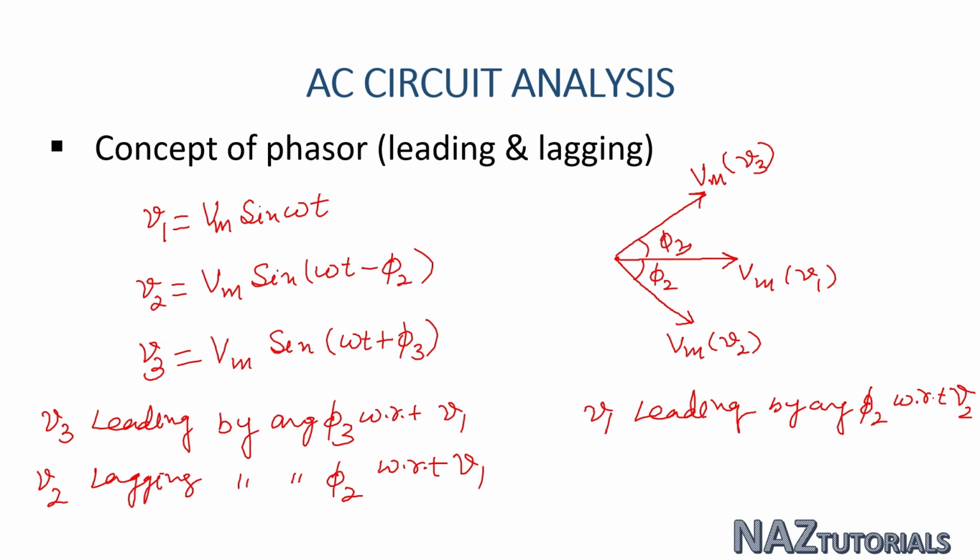Now analyze V3. You can say this V3 waveform is also ahead with respect to V2. So we can say V3 is leading by angle phi 2 plus phi 3 with respect to V2. So we can understand that the leading and lagging concept is obtained by taking one waveform as a reference waveform.